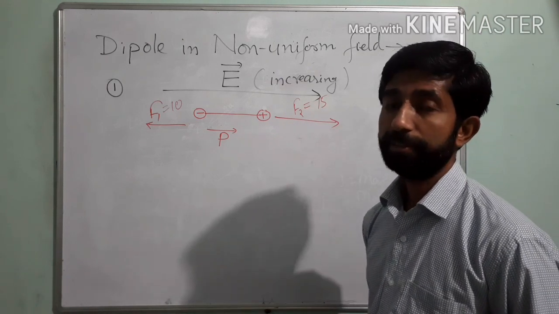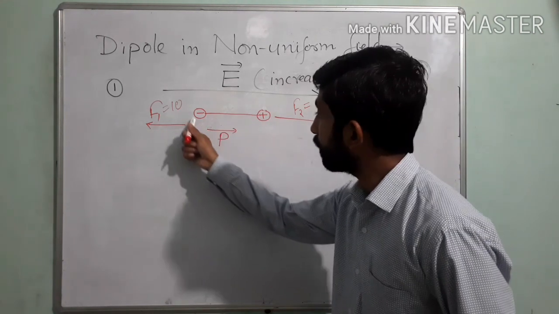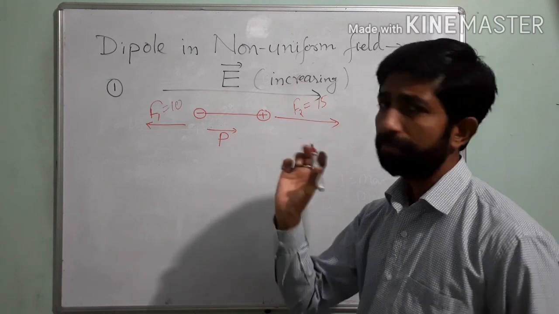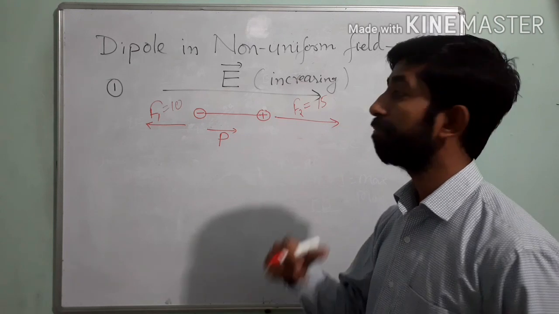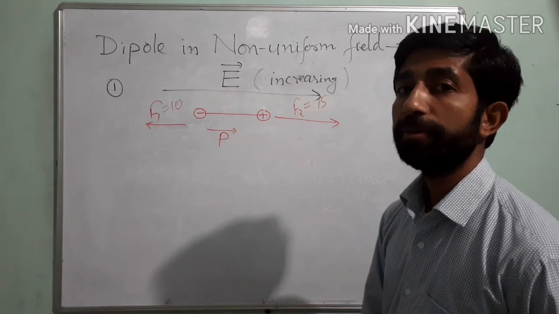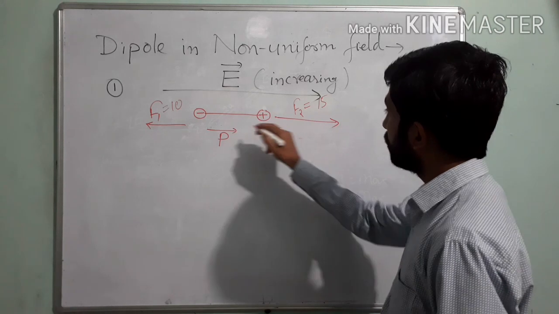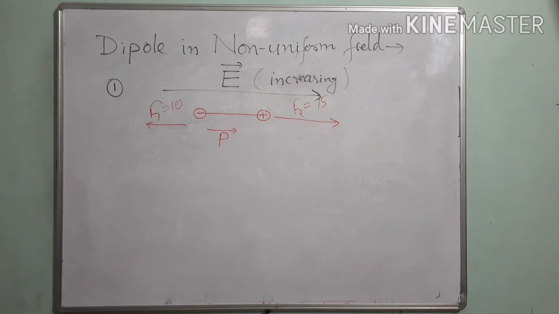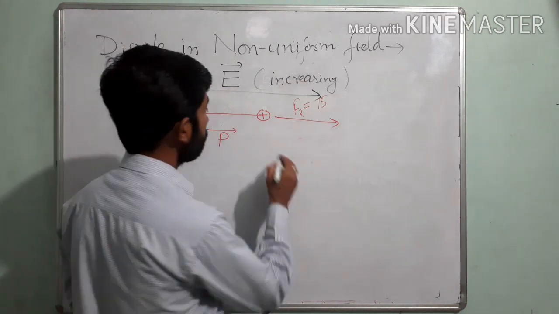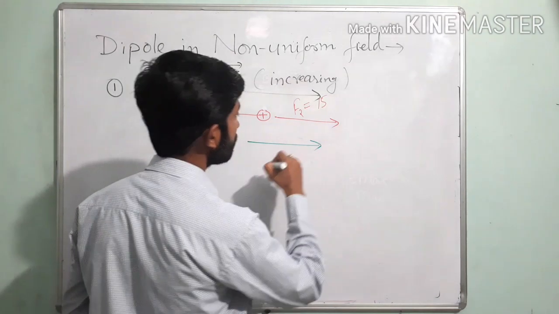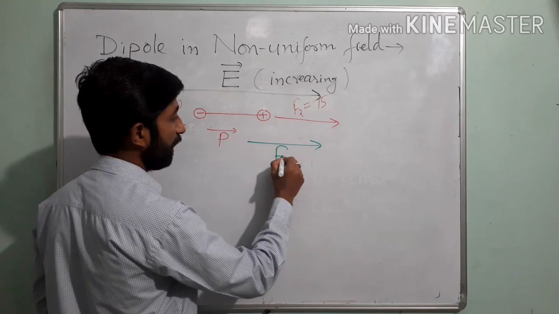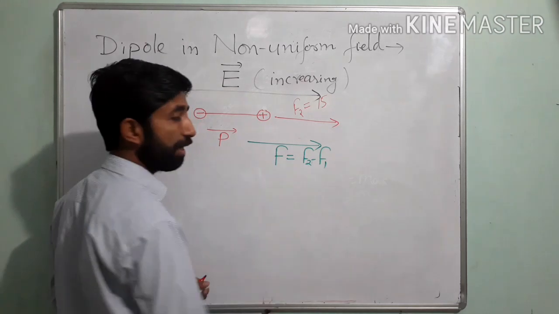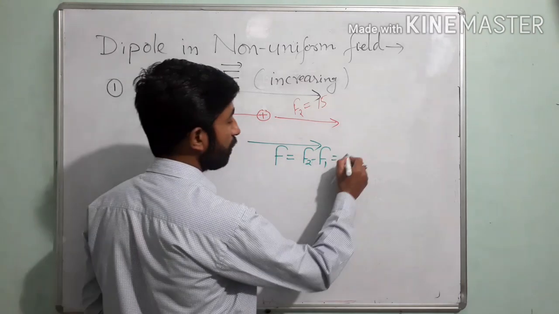Then what happens? The entire system experiences some net force in a particular direction, and that will be this direction. The net force F will be equal to F2 minus F1, which is 5.